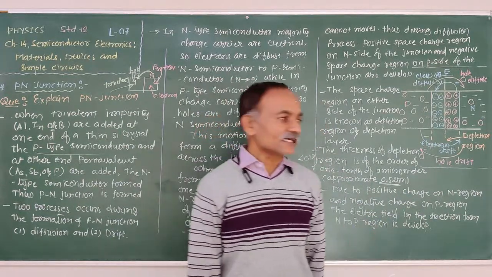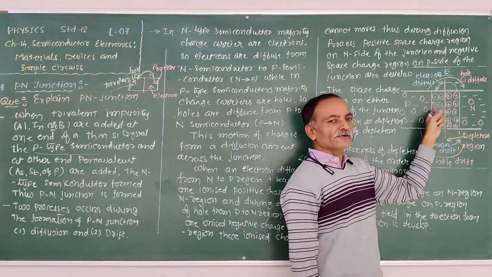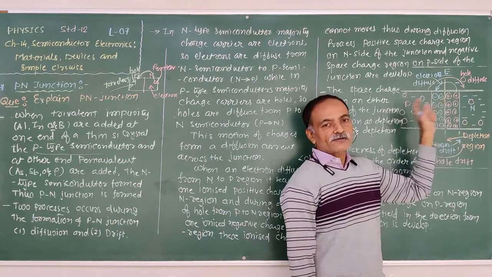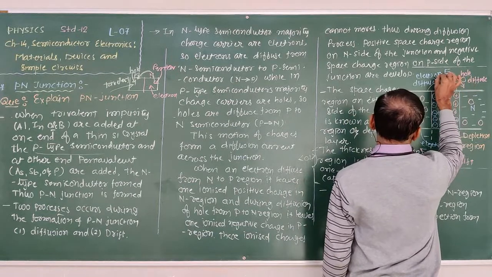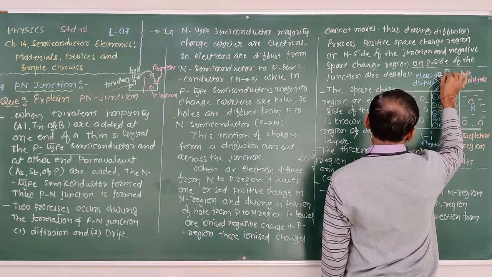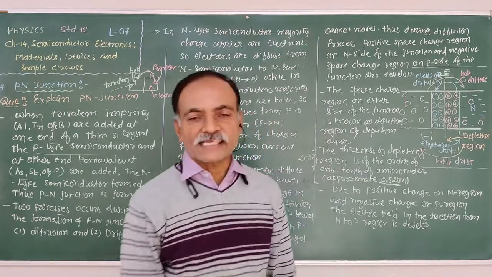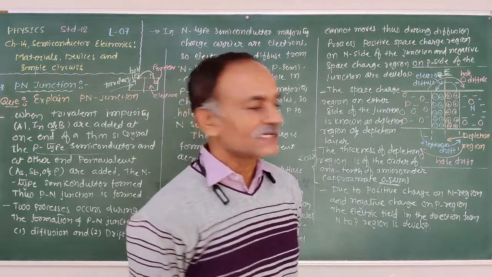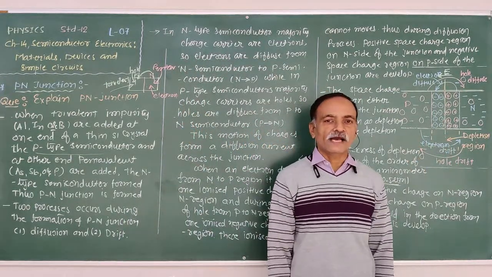The direction of this electric field in the depletion region is from positive to negative. That means from the n-type semiconductor to the p-type semiconductor. That means the direction of the electric field is from the n to the p region, and that is known as the potential barrier in the p-n junction diagram.